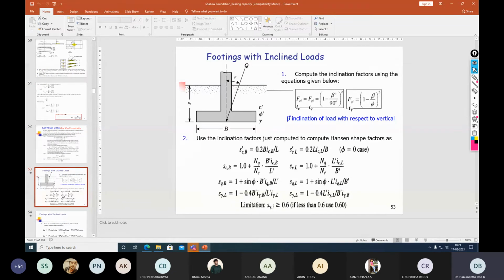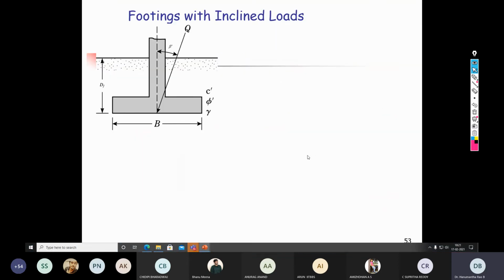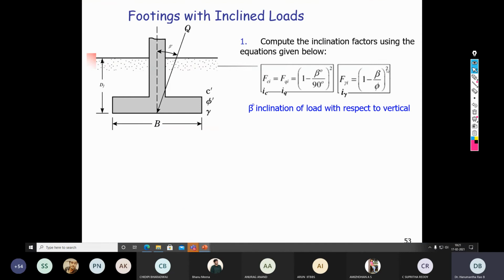So these are the equations for footing with the inclined load.